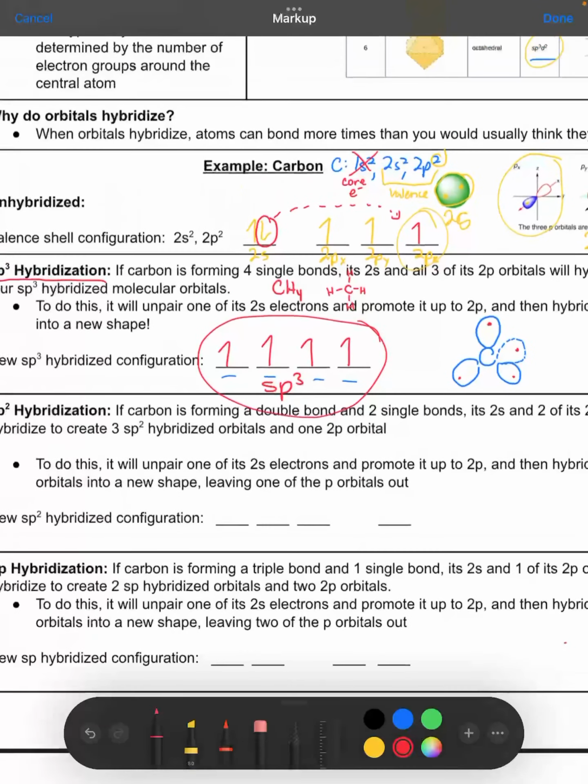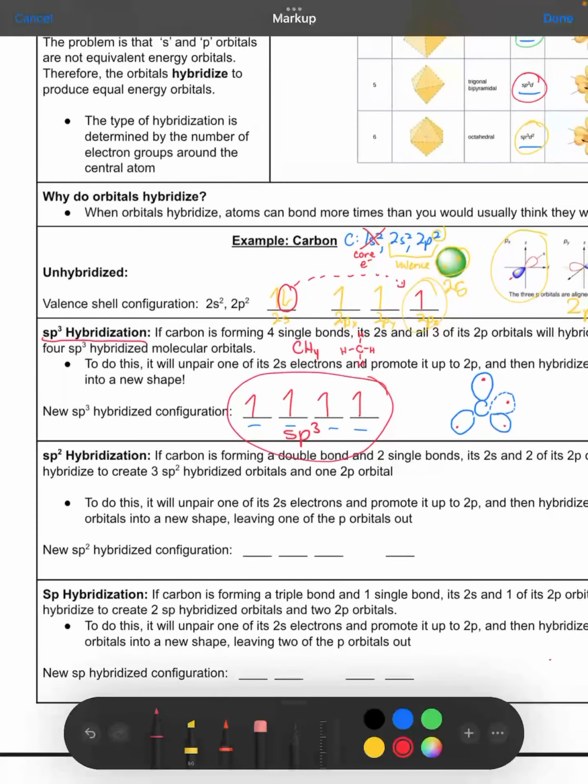If we have sp2 hybridization, like we're seeing down on that 2nd row here, then that means that carbon is forming a double bond and 2 single bonds.